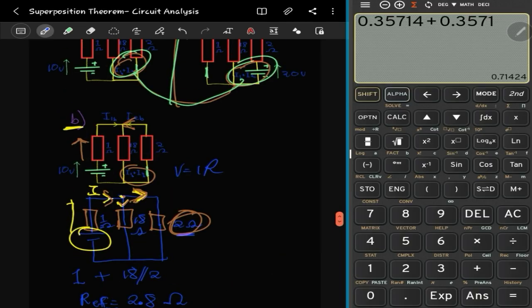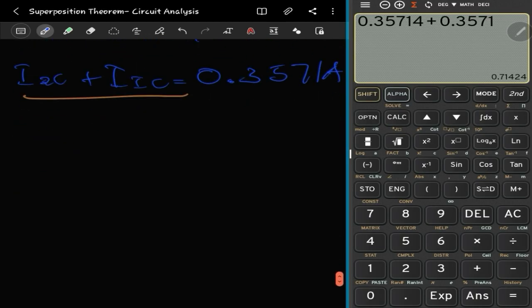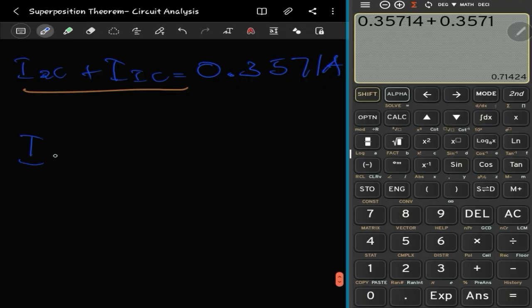So what we just computed will give us this one, I1 plus I2. So this means I1 from the original circuit plus I2 is 0.71424, right?